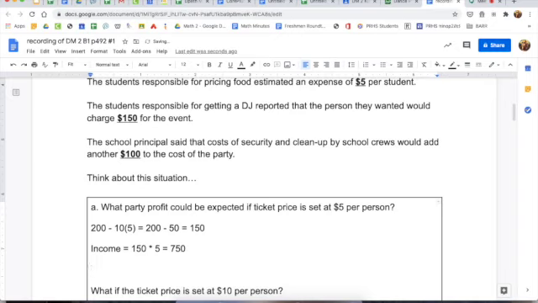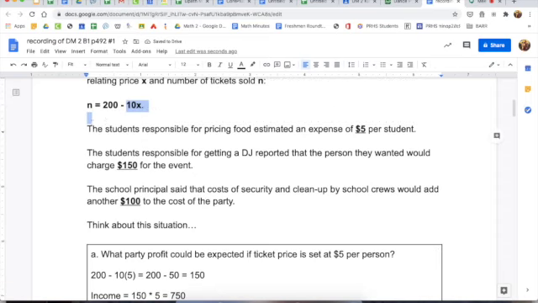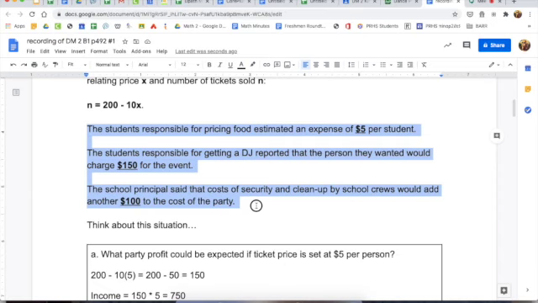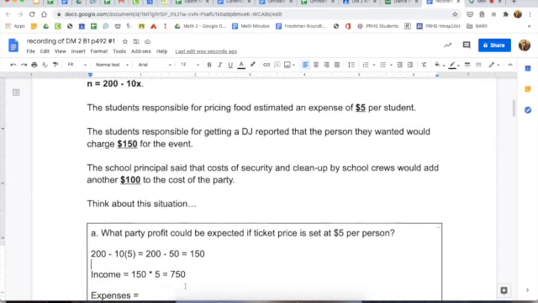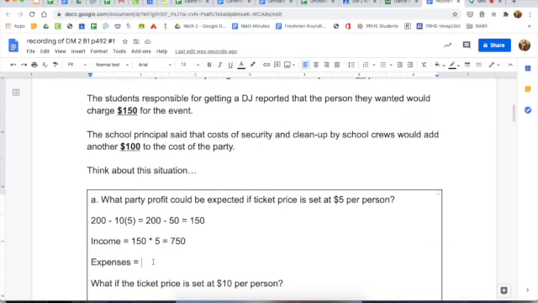But remember that we also have some expenses. What are the expenses? Well, they're laid out pretty clearly here in this paragraph. The first expense is for food, and that is $5 per person. And if there's 150 people, we're going to do 5 times 150.